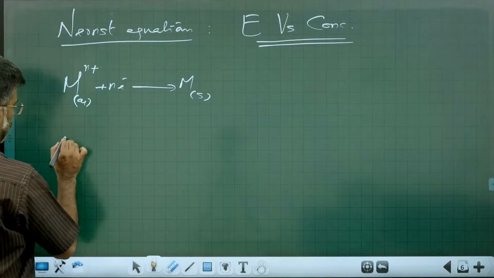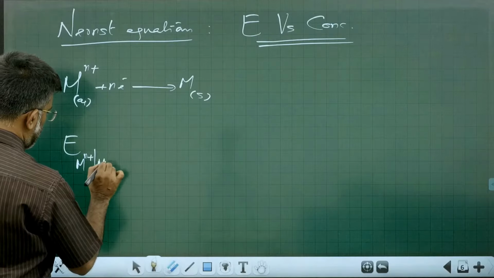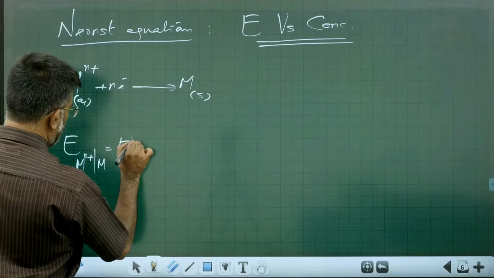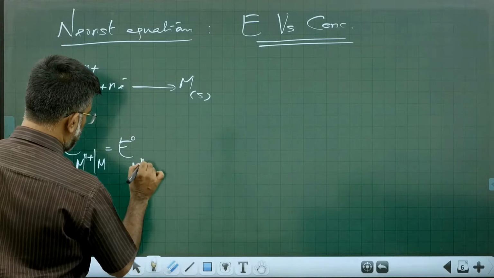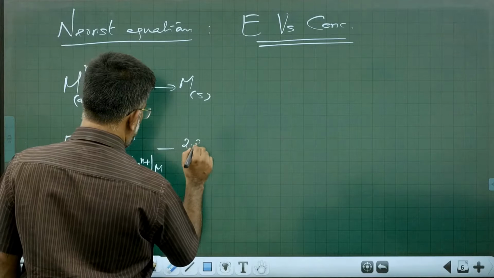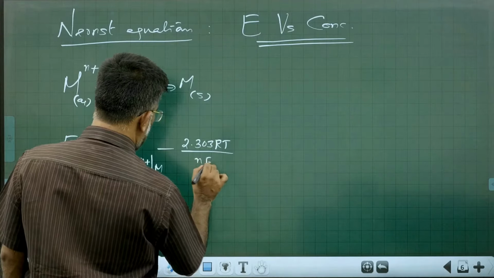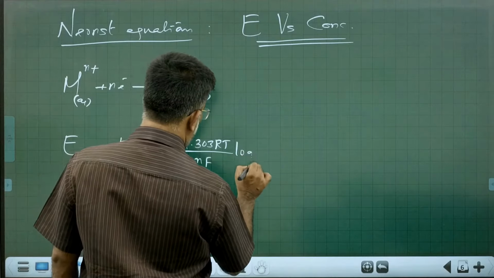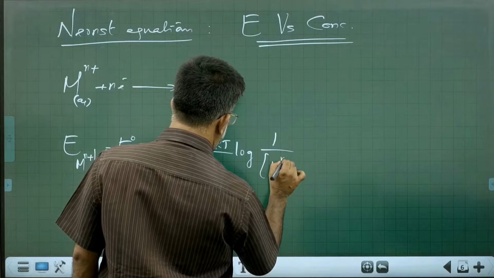The Nernst equation will be E(Mn+/M) is equal to E°(Mn+/M), which is the data available in the table, minus 2.303RT/nF log 1 by the concentration of Mn+.